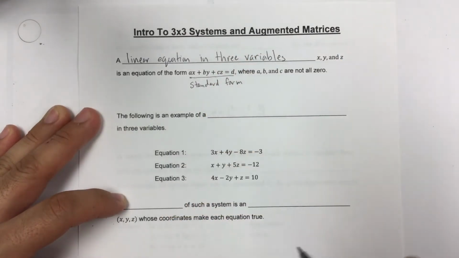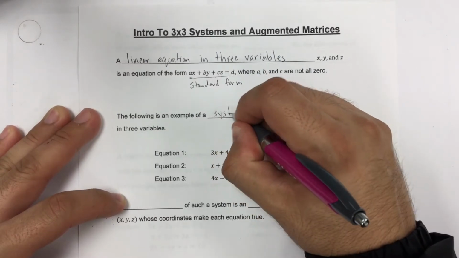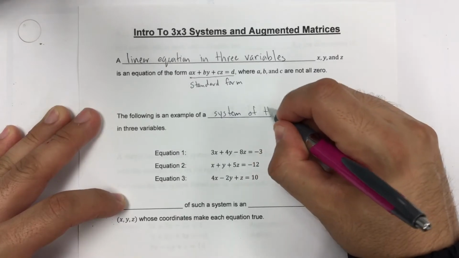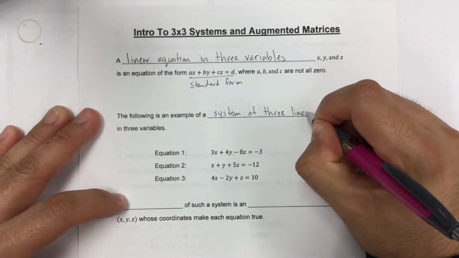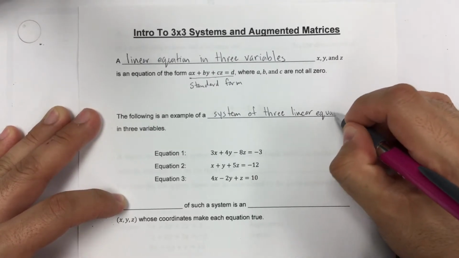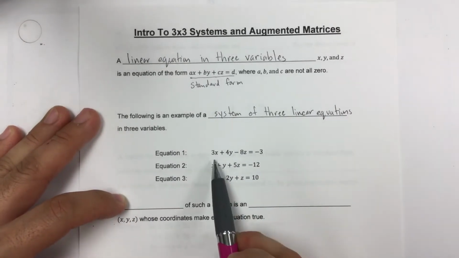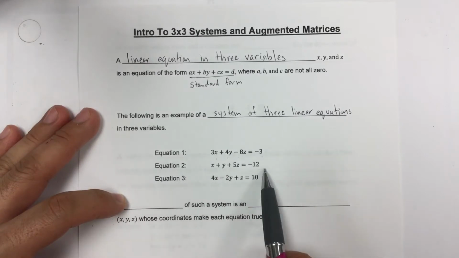The following is an example of a system of 3 linear equations in 3 variables. So right here, 3x plus 4y minus 8z equals -3. That's the first equation, equation 2, and equation 3.